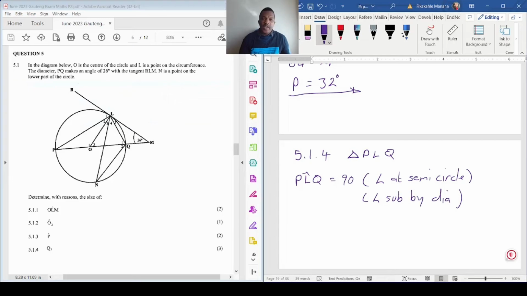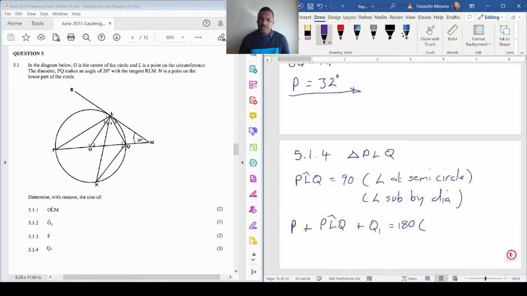Now, we have the value of P, which we solved to be 32. So in that triangle, we can say P plus that angle PLQ plus Q1, which is what we're looking for, is equal to 180.